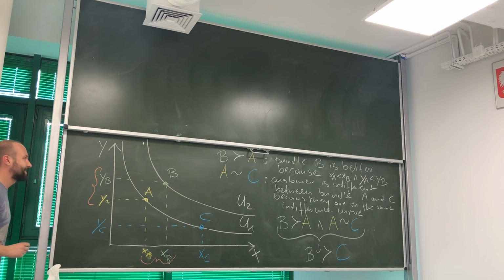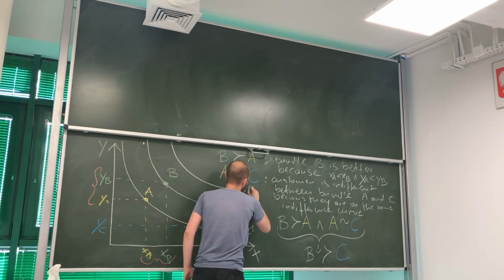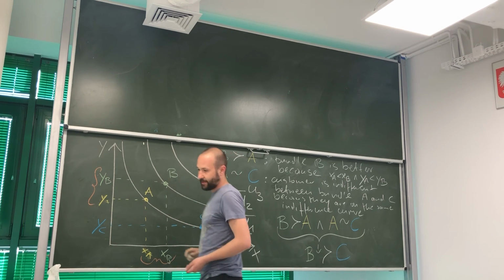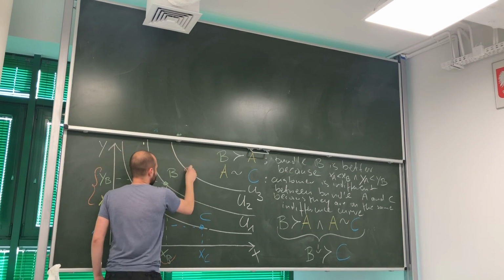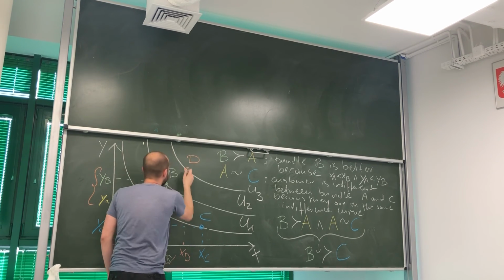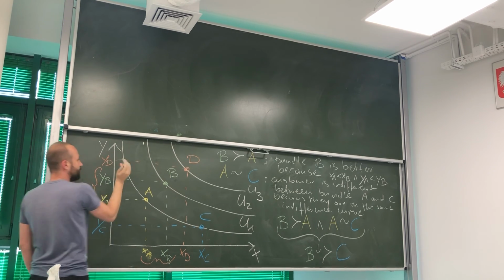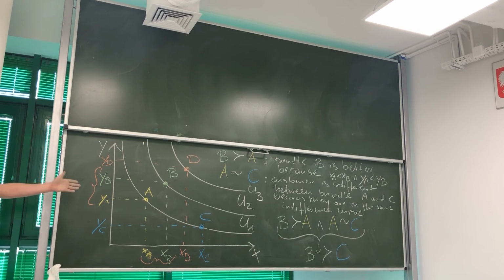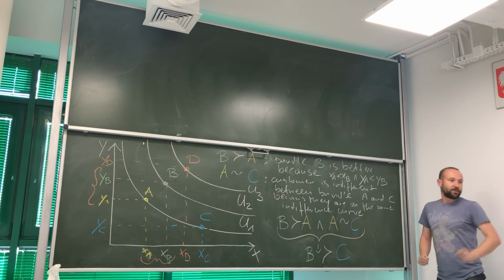And by the same token, you can imagine that if I would draw here U3, and there would be a point D over here, we would see clearly that point D is superior to B. So we can expect that this indifference curve is going to be better than this one.